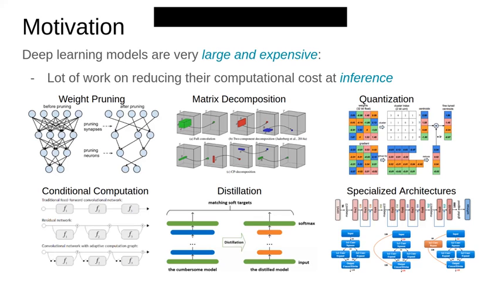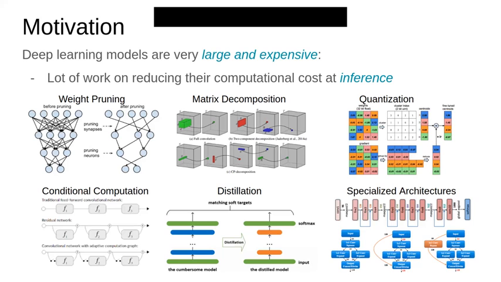I won't enter too much in detail because this is just to tell you that there are many different approaches for reducing computational cost at inference once the model is already trained. For instance, also something very used is quantization, where instead of using floating point representation for weights and data, we use integers. There is conditional computation, where the computation is reduced based on the difficulty of the samples. There is distillation. There are also specialized architectures.